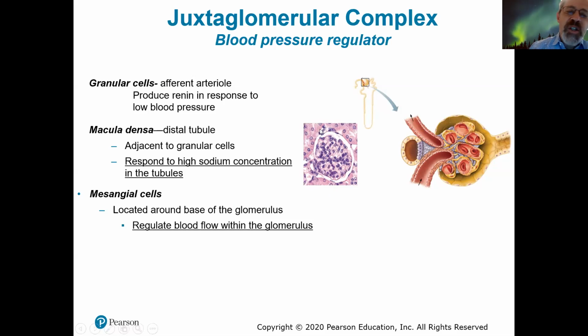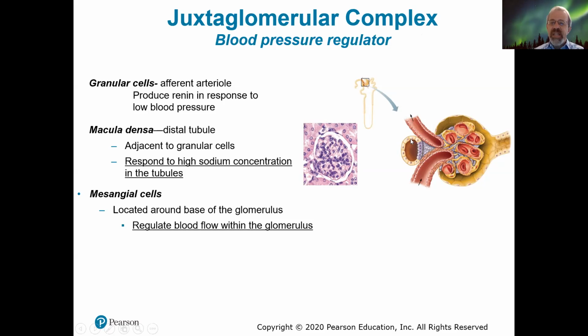I wanted to mention a couple other features located around the renal corpuscle, what's called the juxtaglomerular complex. If this is the glomerulus, we have these interesting groups of cells that are scattered. For example, these little purple-looking cells.